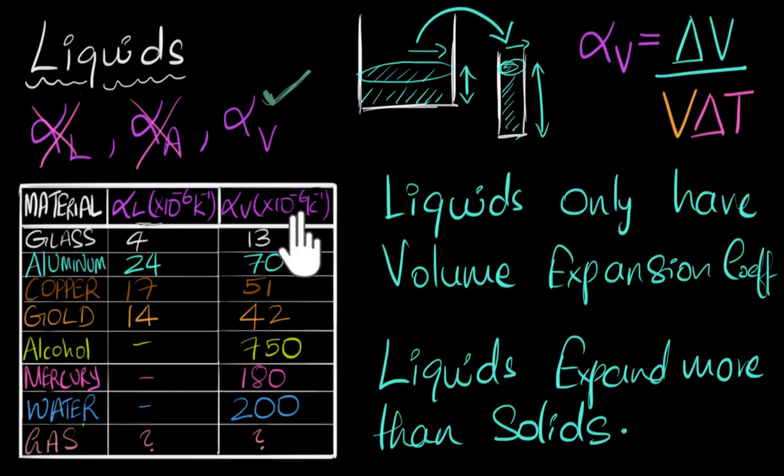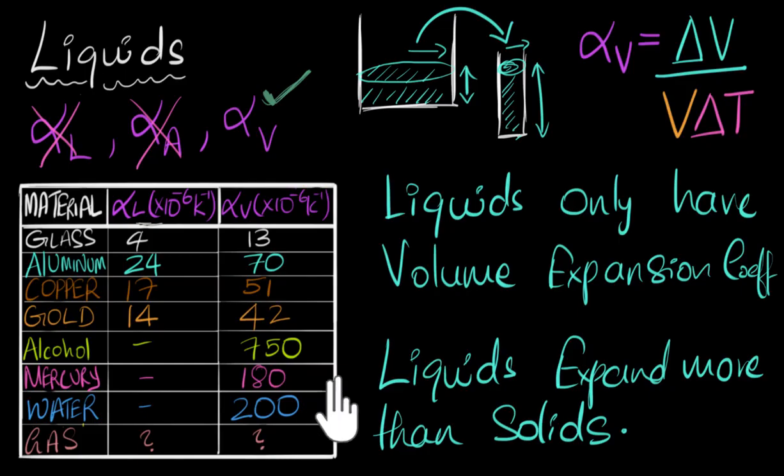And if you convert that, that's about 0.2 milliliters. So 1 liter water, increase temperature by 1 Kelvin, it'll expand by 0.2 milliliters, which doesn't seem like a lot. It is very tiny, but it's much bigger than what solids would give you.